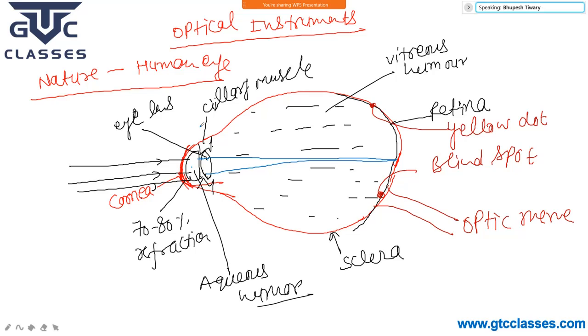Adjusting the thickness of the lens. Thickness of the lens. Okay, so because of that what happens? Why does it want to adjust? For different focuses. Okay, to adjust focus to see different objects at different distances clearly.